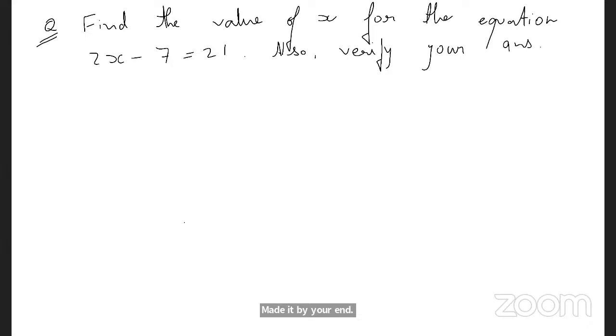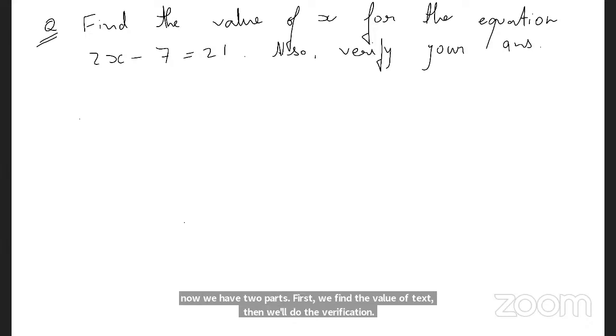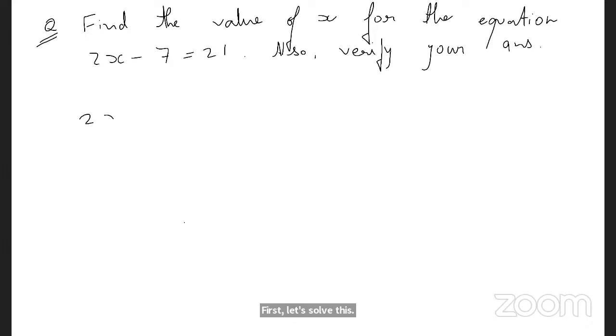Okay, now we have two parts. First, we find the value of x, then we'll do the verification. First, let's solve this. We have the equation 2x minus 7 equals 21. Okay, so minus 7, we'll take it to the other side.